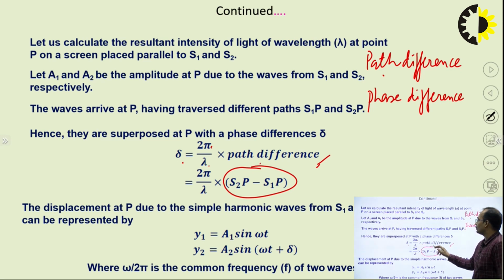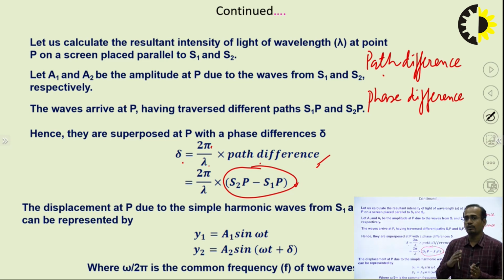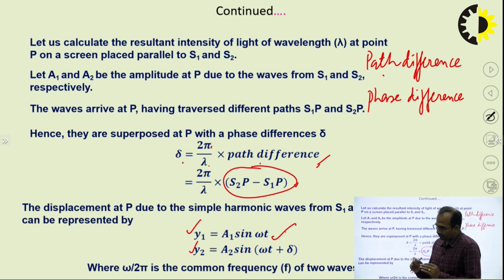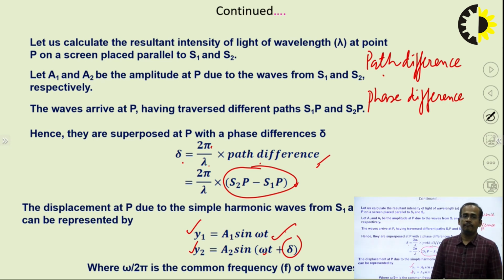Suppose two waves are traveling from S1 to P and from S2 to P. Suppose the wave traveling from S1 to P has amplitude A1, so Y1 is equal to A1 sin omega t, and Y2 is equal to A2 sin of omega t plus phi, because there will be some phase difference between these two waves passing through slit 1 and slit 2, where omega is the frequency of the two waves and phi is the phase difference.